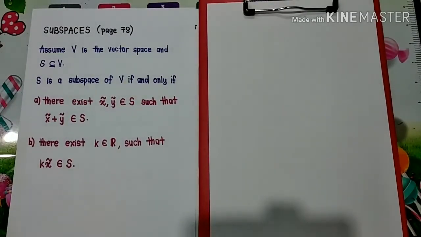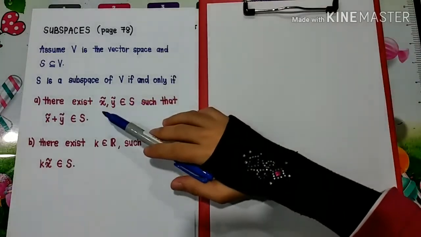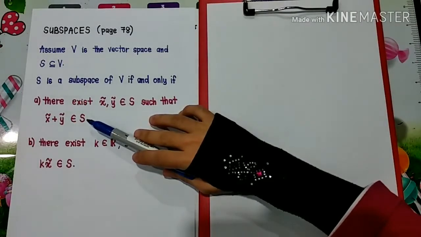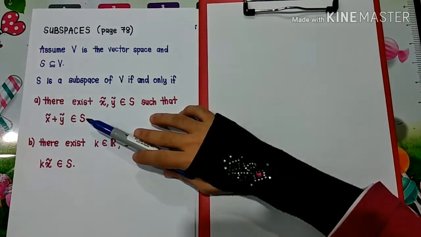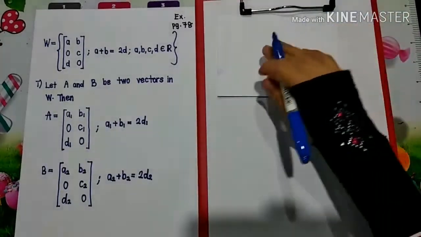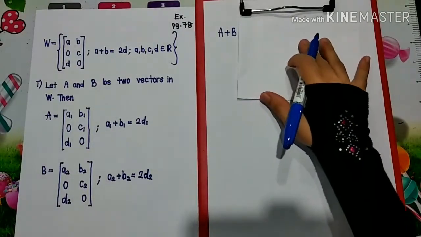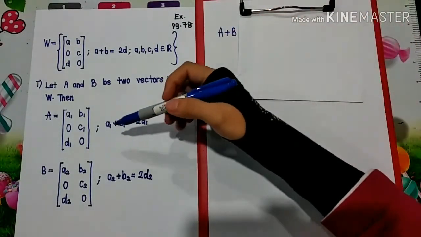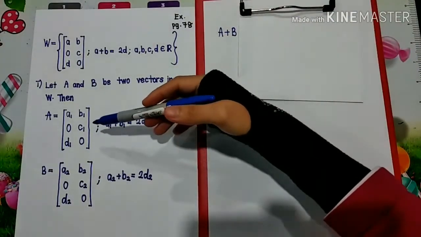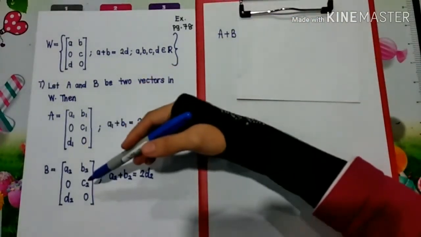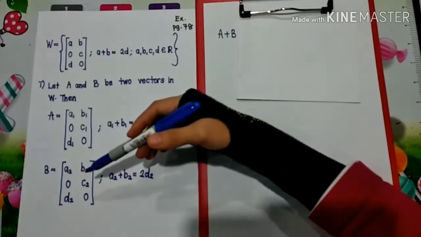After we introduce two vectors in W, we now show the first condition, where we add two vectors and try to show that the result is still in set W. So we add the two vectors A plus B. You do the normal addition for matrices.